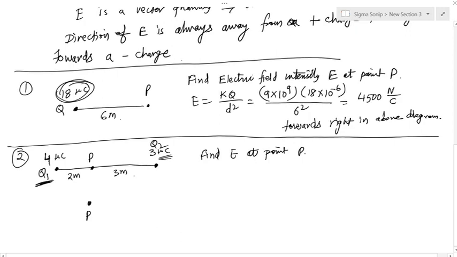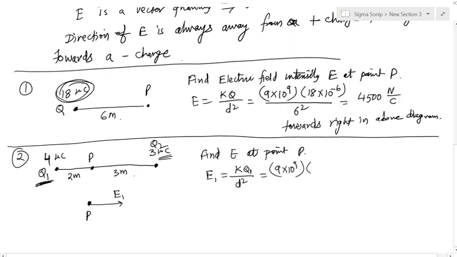So that's my electric field intensity because of Q1. I can calculate this. E1 is equals to K Q1 over d square, 9 times 10 to the power 9, that's my K.